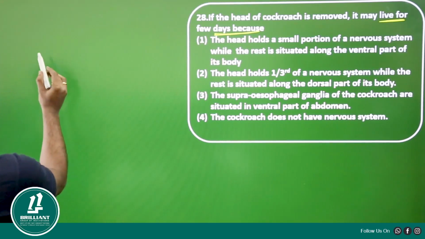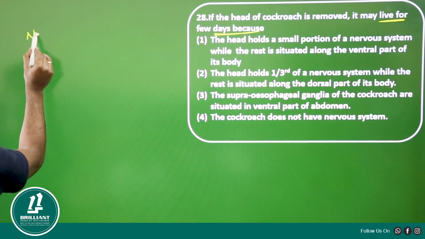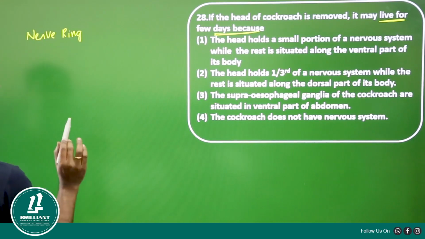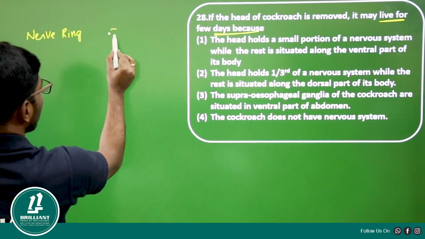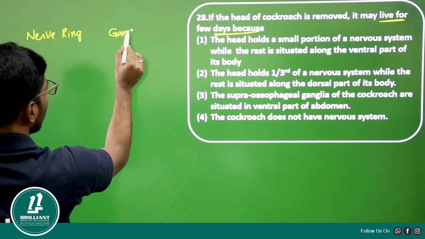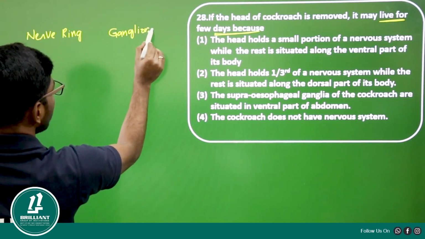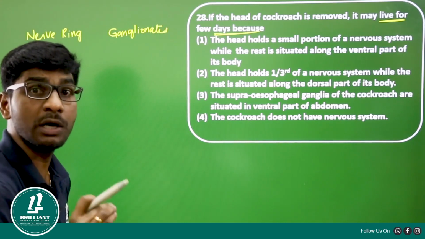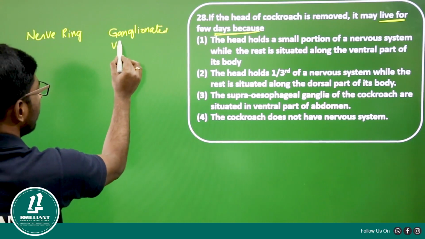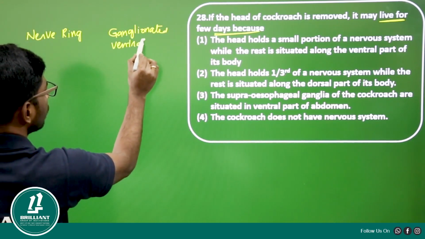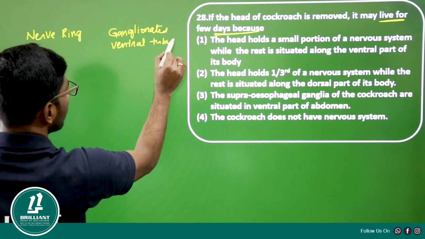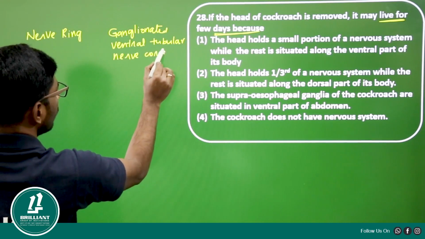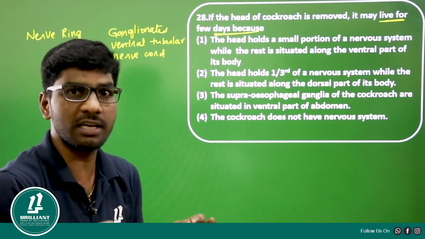The first part is known as nerve ring, which surrounds the esophagus, and the second one is known as ganglionated ventral tubular nerve cord. So these 2 parts are present in the central nervous system.